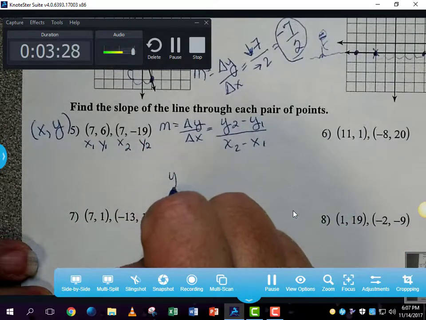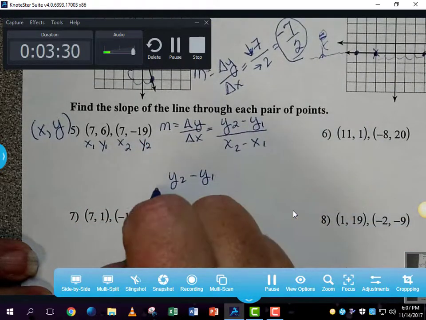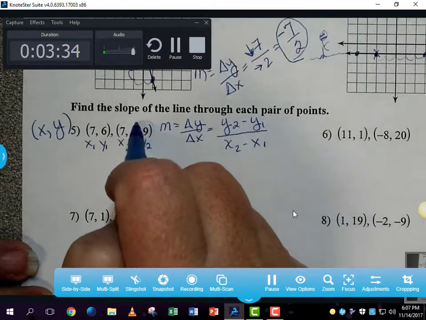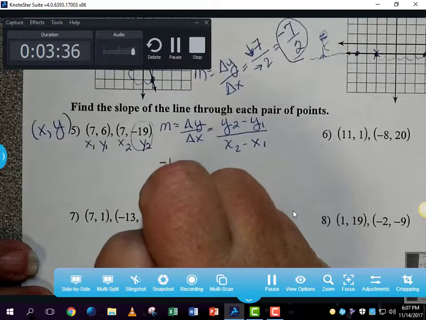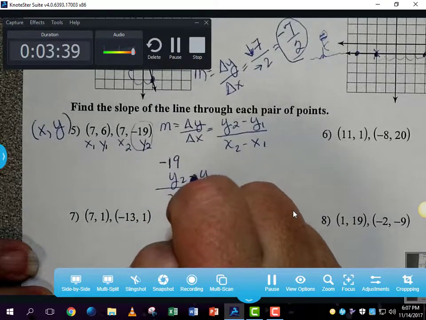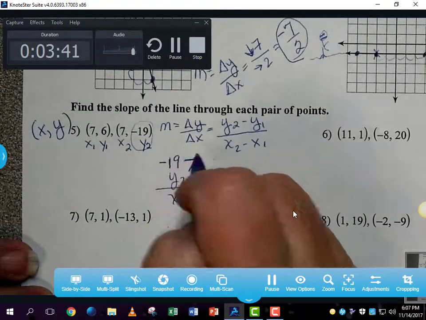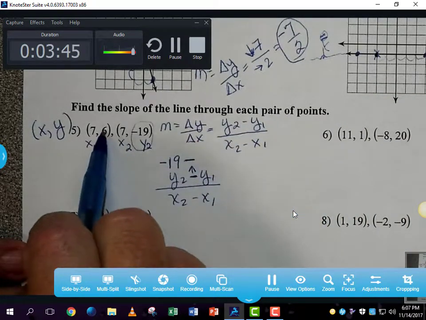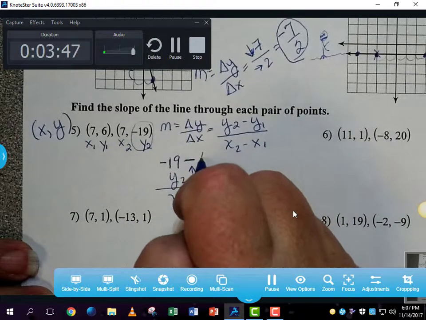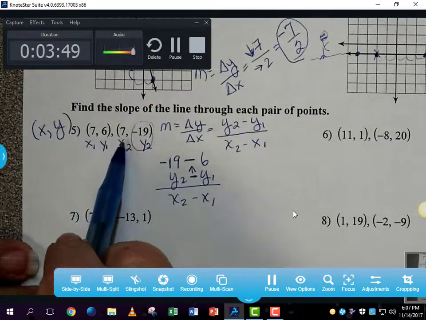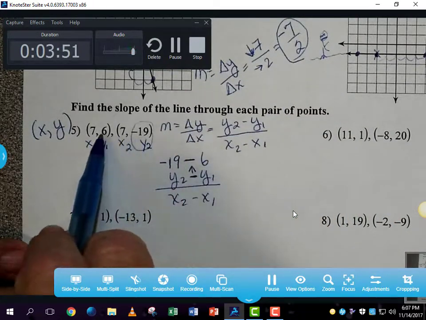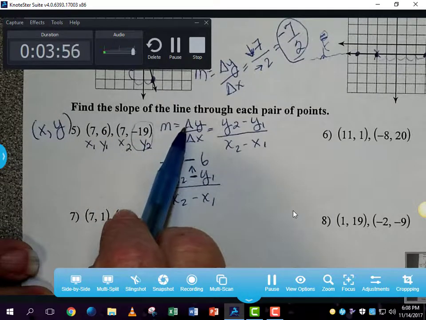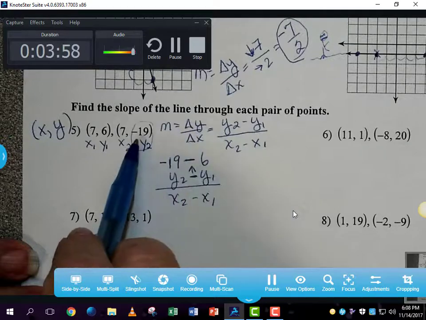So if I have y sub 2 minus y sub 1 divided by x sub 2 minus x sub 1, I've got negative 19 minus, that is part of the formula, people forget this, and then y sub 1, which is 6. So I am subtracting, I am finding the difference. I am finding out how the numbers change. The change in y.